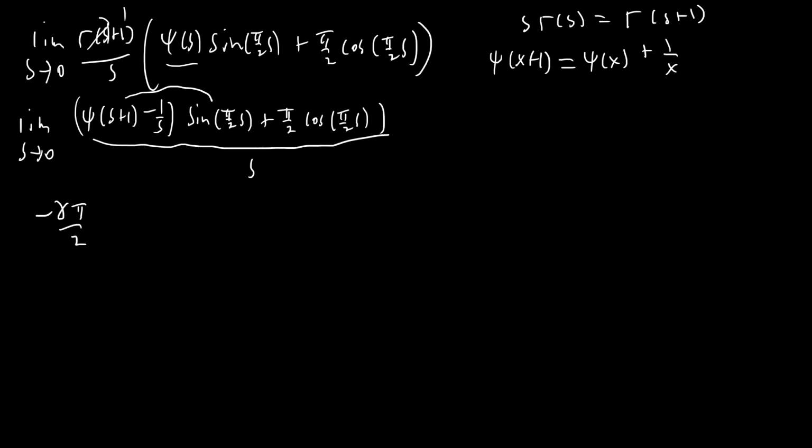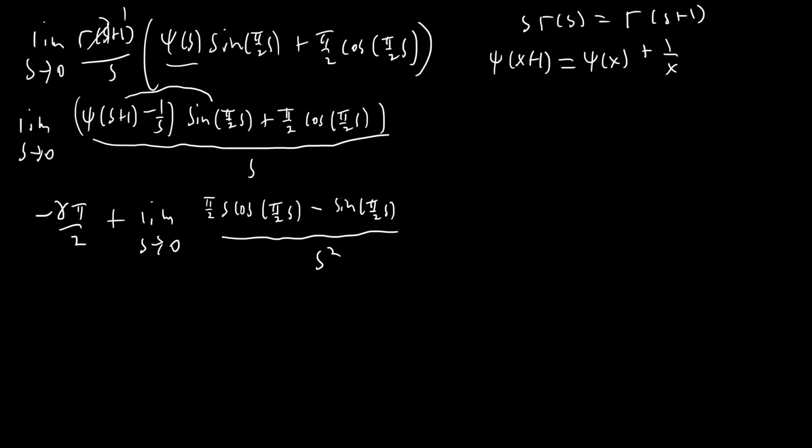And the other part of our limit is the limit as s goes to 0 of, I'm going to write this as, pi over 2 s cosine pi over 2s minus sine of pi over 2s over s squared.